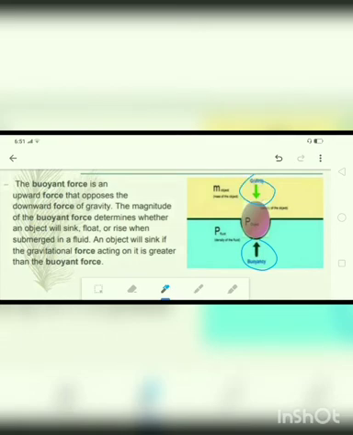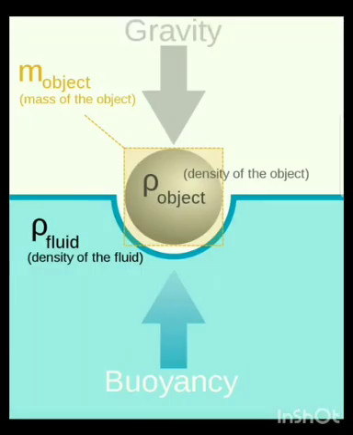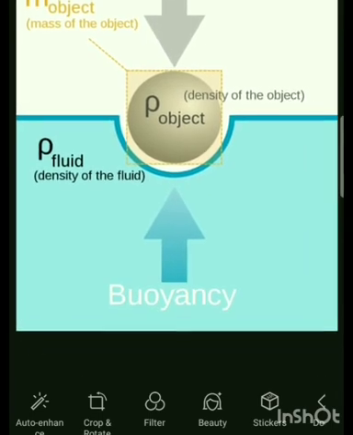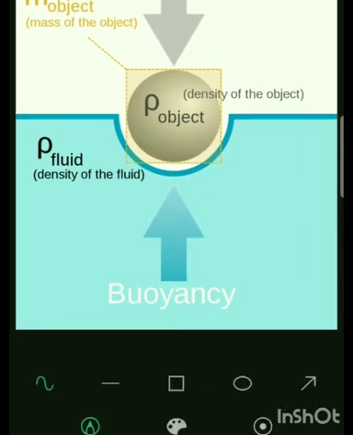Okay, the picture is not so clear, so I'm going to show you another picture. Here is the mass of the object, as you can see, and there is the density of the fluid.